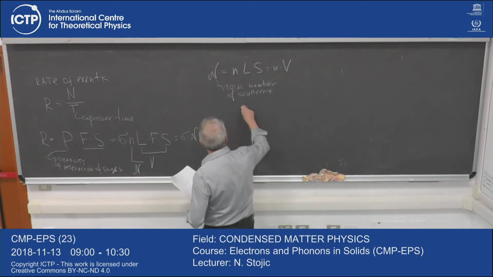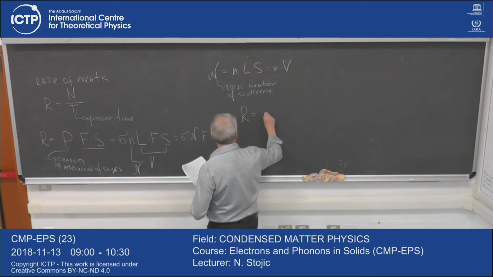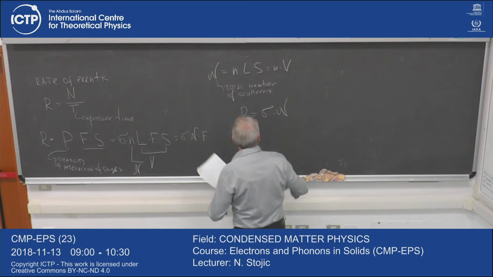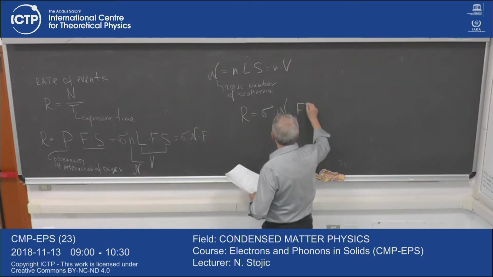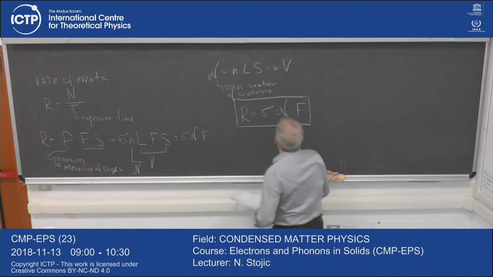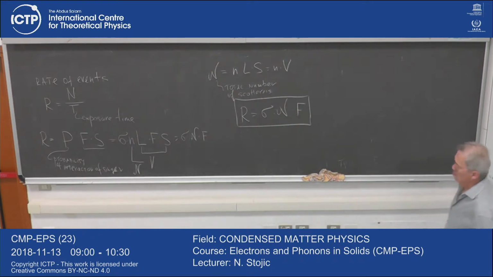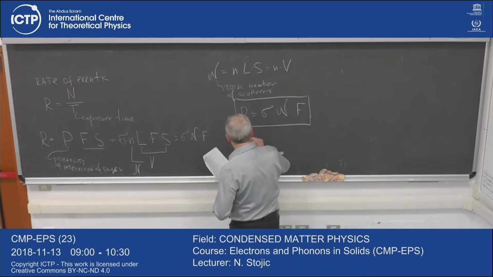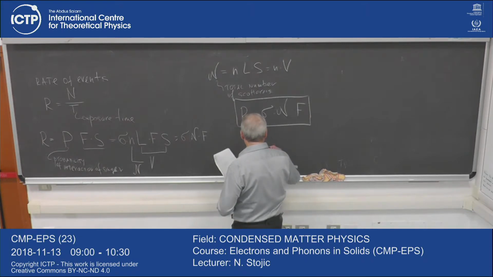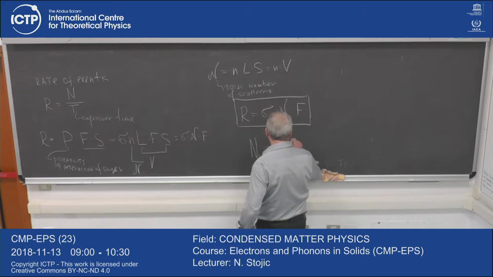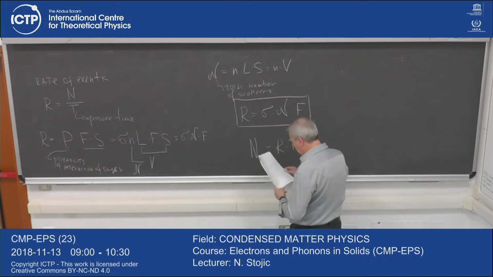So then this is our final expression. The rate is given by the cross-section multiplied by the total number of scatterers and multiplied by the flux of neutrinos. Right? And so this is the rate. And then the total number of neutrino interactions, or total number of events during the time t, is the rate multiplied by t, the exposure time.